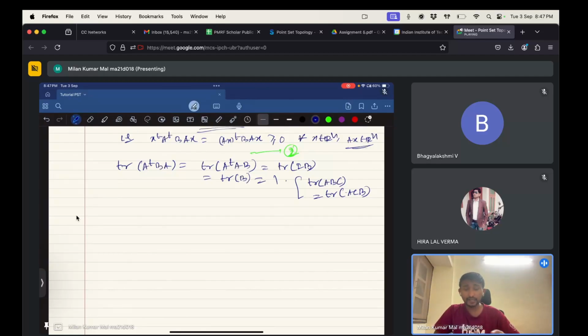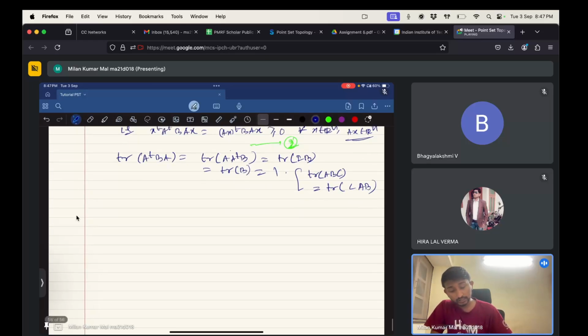I can write either A on the left-hand side or B on the right-hand side. Maybe I am able to write it this way: A transpose B. Yes, I think this is correct. Trace of CAB, I think this is correct.